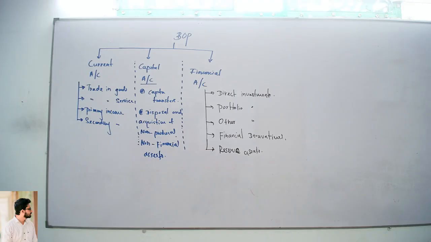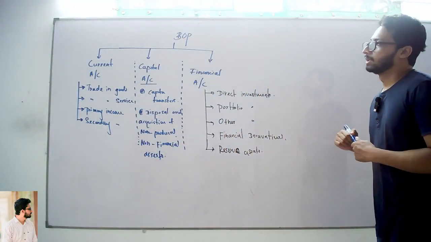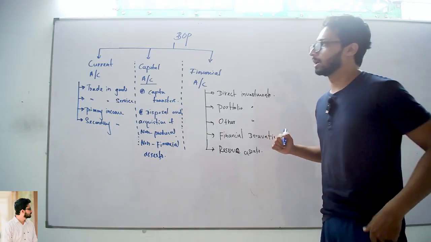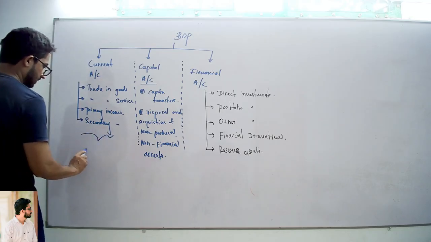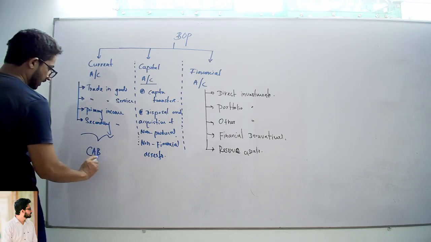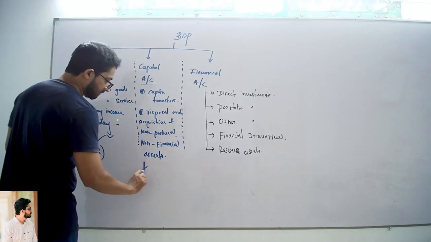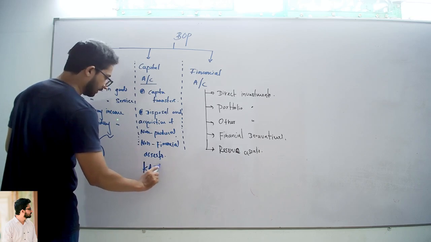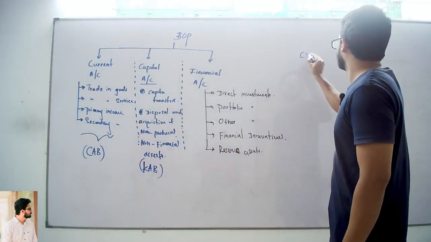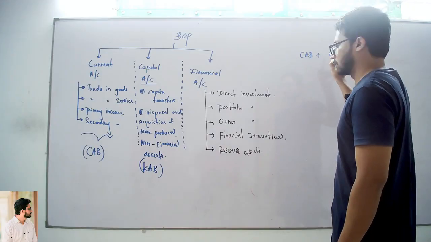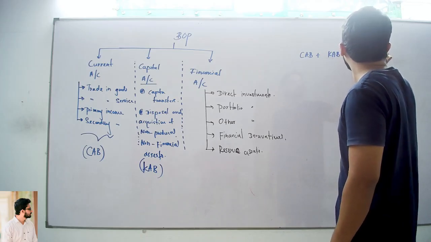Then you should remember, theoretically, the balance of current account, called CAB, plus the balance of capital account, also called KAB, equals the balance of financial account.